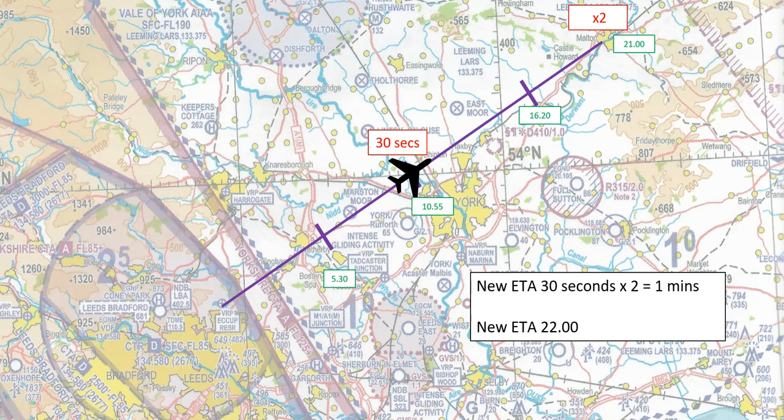And it's likely, and in fact, the forecast in the UK is normally pretty accurate. But it's likely you're going to be slightly off on time and slightly off on track.